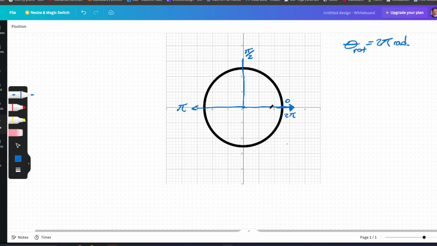Well, if a quarter circle's pi over 2 radians, then 3/4 of the way around, again keep in mind we're measuring positive in this direction, would be 1/2, 2 halves, which is the same as pi, and then 3 halves, so 3 pi over 2.